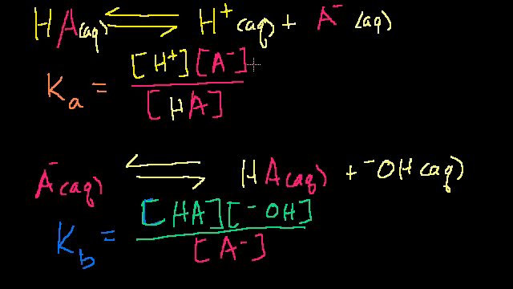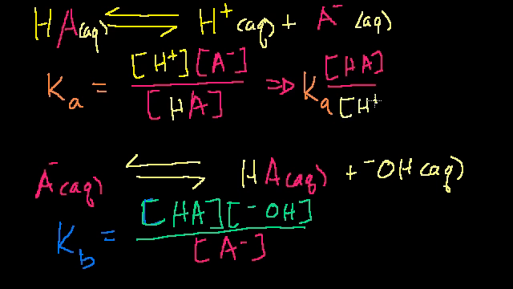If we multiply both sides of this equation by HA over H plus, on the left-hand side we get Ka times the inverse of this, HA over H plus, is equal to the concentration of the conjugate base, A minus.